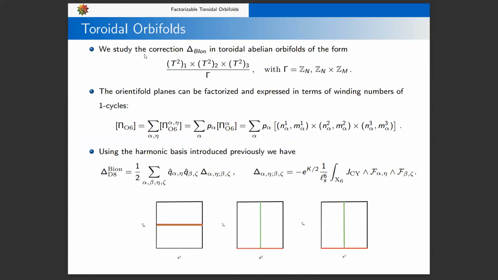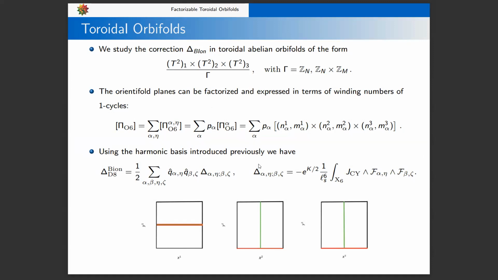We focus on factorizable toroidal orbifolds where we take the orbifold to be a Zn group or a Zn times Zn group. In this case, we can reintroduce all the machinery we saw before regarding our basis of homologies, of three-cycles, and we expand the orientifold planes in this basis.